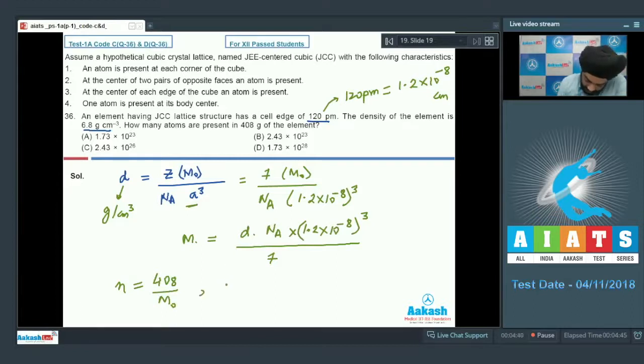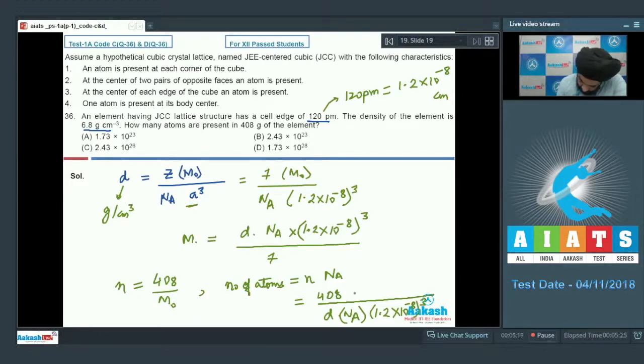So the number of atoms will be equal to N into Na. So we have 408 upon D into Na into 1.2 into 10 to the power minus 8 cube into Na.